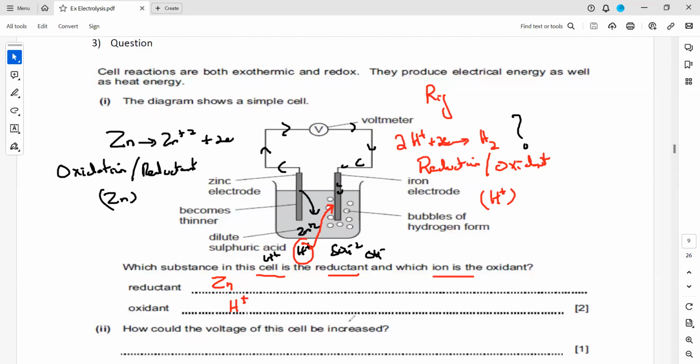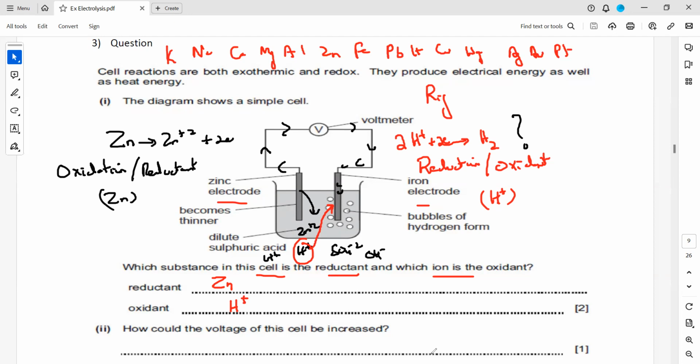How could the voltage of this cell be increased? Like we are using zinc and iron. I want to increase the voltage. What should I do? What should we do to increase the voltage of a cell? Increase the difference, or I can also say use a metal which is more reactive than zinc, or use a metal which is less reactive than iron, or use two metals.